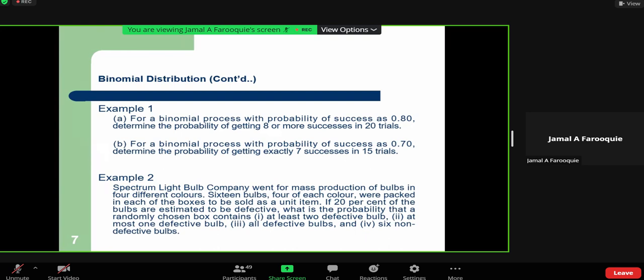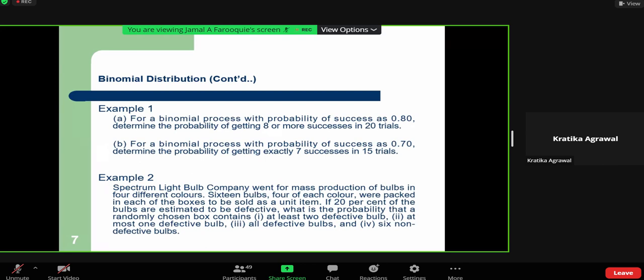Karan, what is R? At least 2 means what? So 3. At least means 2 or more than 2.